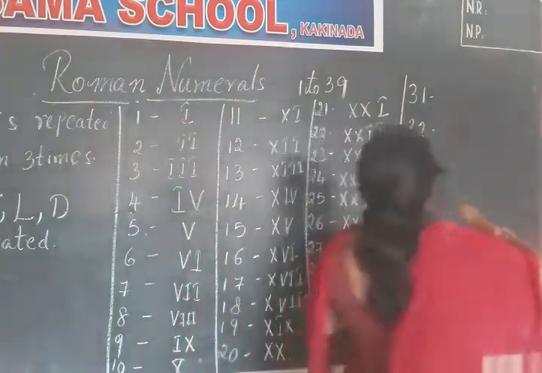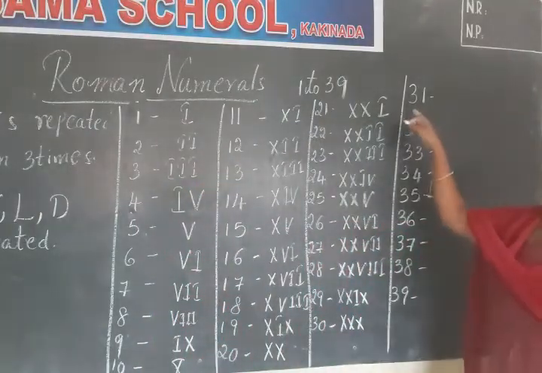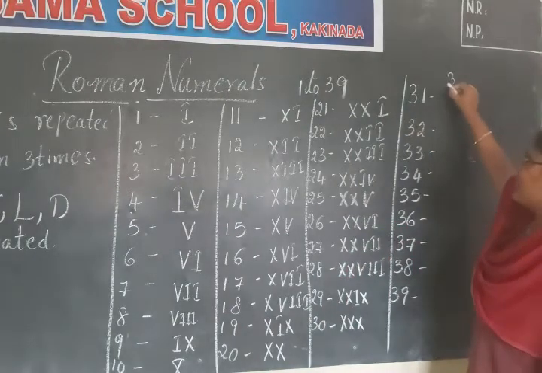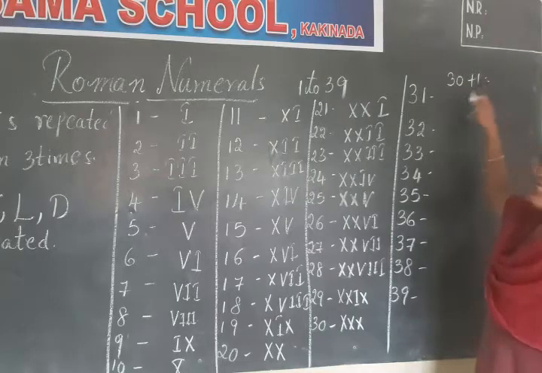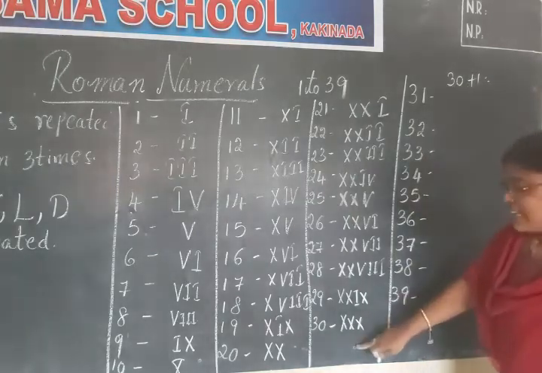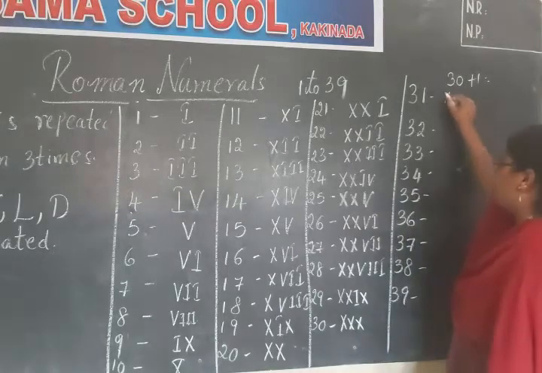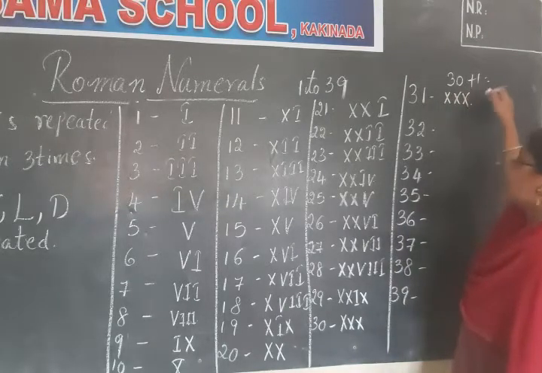Okay, children, see. What is 31? 30 plus 1. Right? 30 plus 1 is 31. What is the symbol for 30? Triple X. Right? So, write triple X plus 1. I.